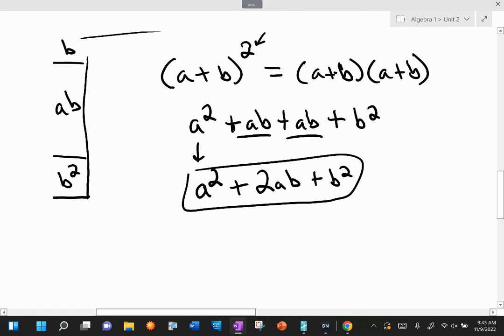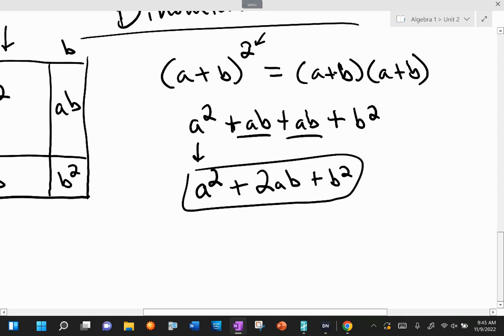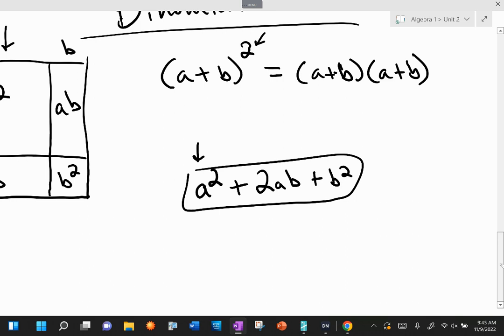Okay, so let me show you the pattern right here. I'm erasing this part just so I can make it more clear what we want to look at. This binomial pattern means that if you have a binomial that's squared, if there's an addition sign right here, both of these will be addition.